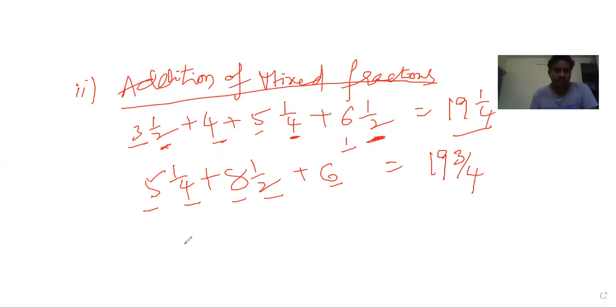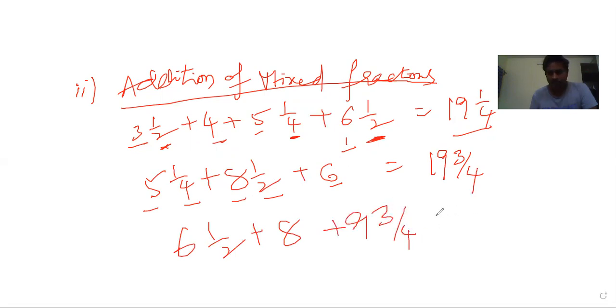Right. 6 and half, 8, 9, 3 by 4 equal to how much? Three-quarters plus half, 1 and quarter. So quarter here, right? 1 add here. 9 plus 1, 10, 10 plus 8, 18, 18 plus 6, 24. 24, 1 by 4.